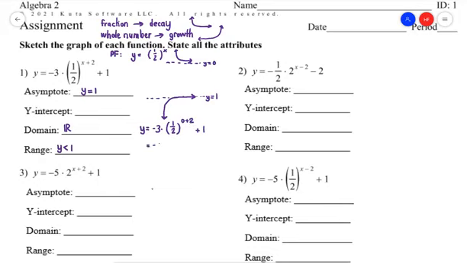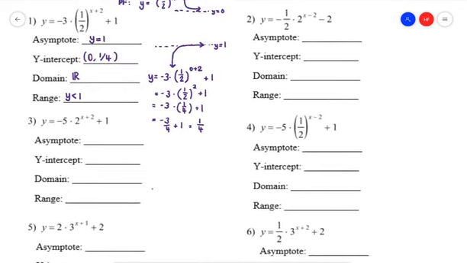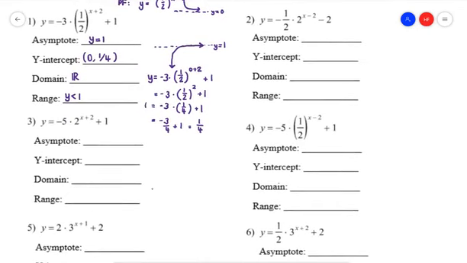So that's -3 times 1/2 squared plus 1, which is -3 times 1/4 plus 1, which is -3/4 plus 1, which is 1/4. So our y-intercept occurs at (0, 1/4). And then we've got everything else filled in there.